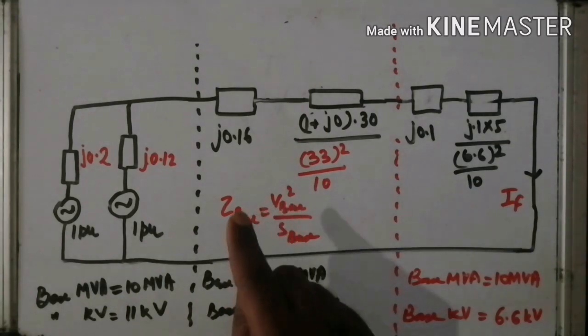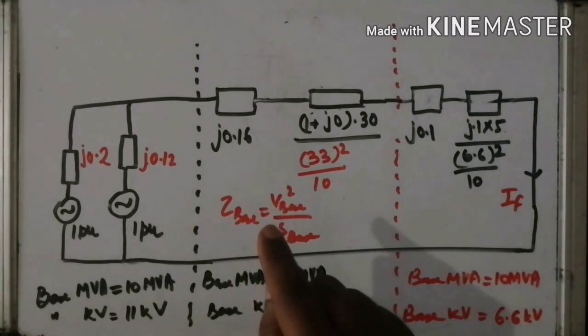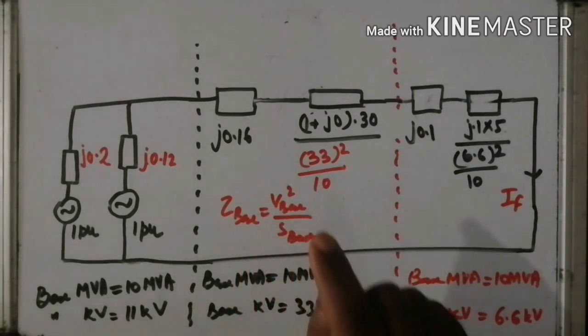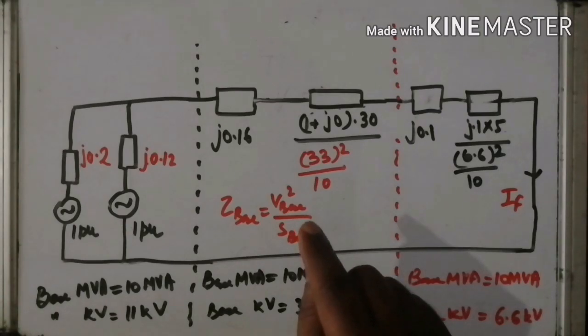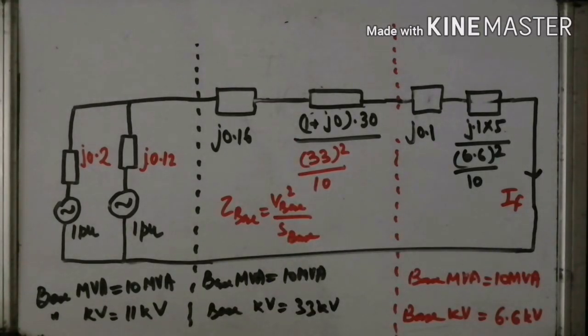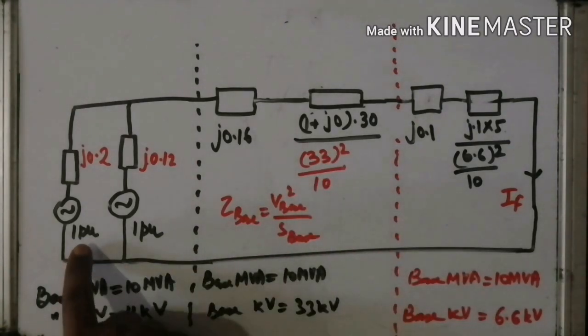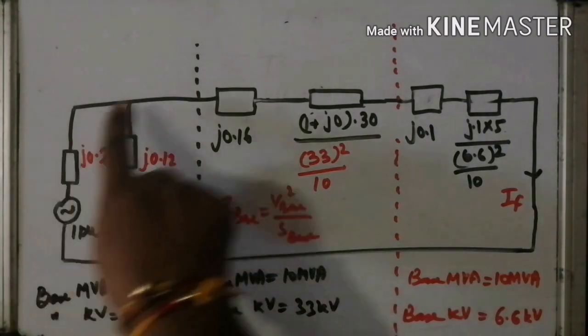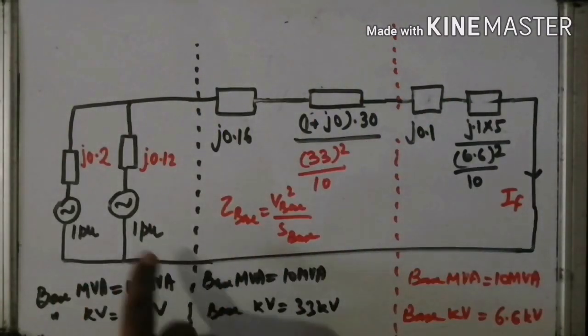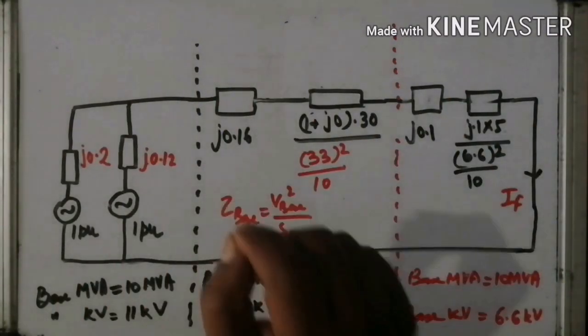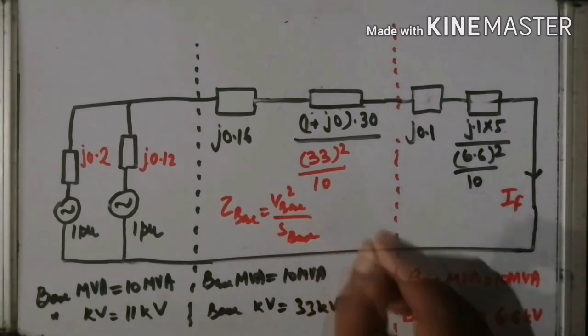According to the question, system is operating at no load rated condition. What is the meaning of no load rated condition? Its meaning is, this one is the voltage, and this voltage is present everywhere throughout the circuit. At each and every point, voltage remains same.